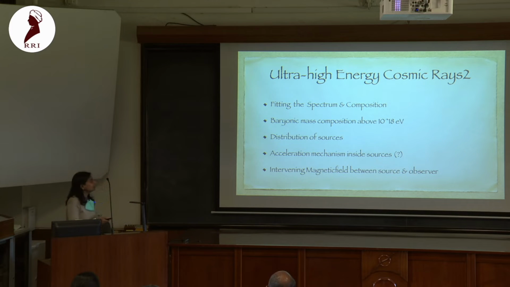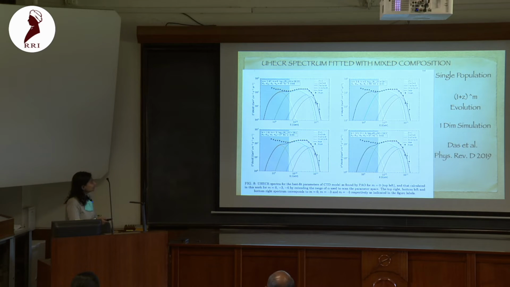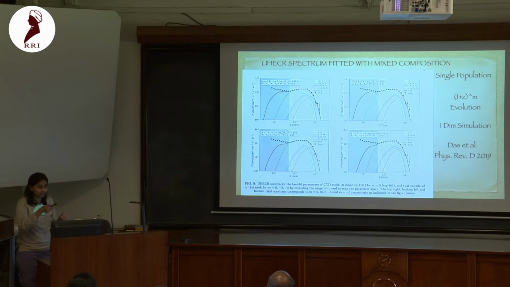So this is the modeling part. Shaikat did his PhD on these ultra high energy cosmic rays. At that time we were doing a lot of work related to this. The simulation was running here at RRI, and he did his work well.